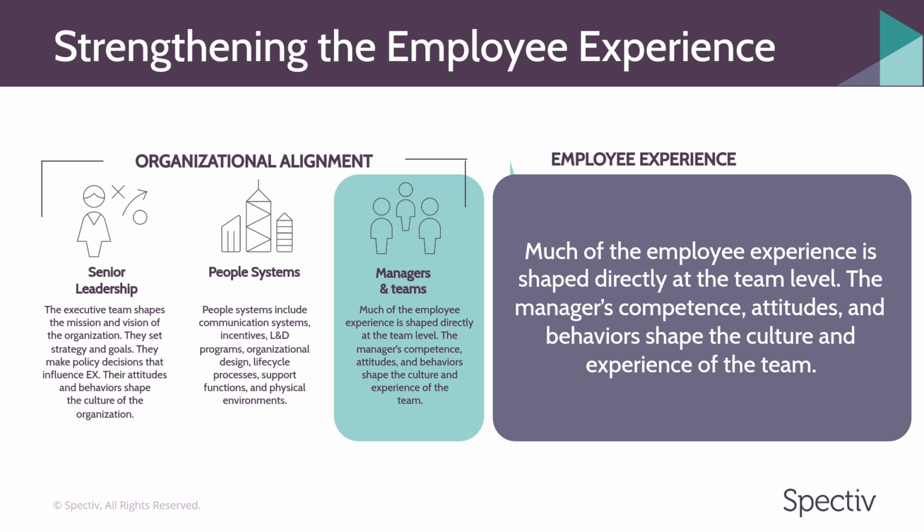This tees up 360 feedback very well. It makes sense that the manager is so important. The experience they create immediately for their team is so critical to the overall employee experience that it makes sense to invest in development of that manager and help them shape that experience and own that experience. So we'll talk quite a bit about that, but that's where 360s play a critical role.